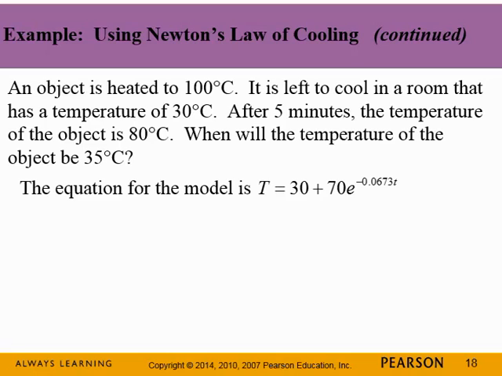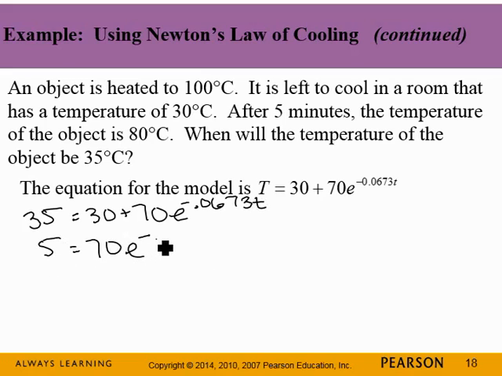Now this part wants to know, so when will the temperature of the object be 35 degrees Celsius? So now we're going to look for t. So you have 35 equals 30 plus 70 e to the negative 0.0673t. I'm going to divide both sides by 70, and then we're just going to leave it at that.